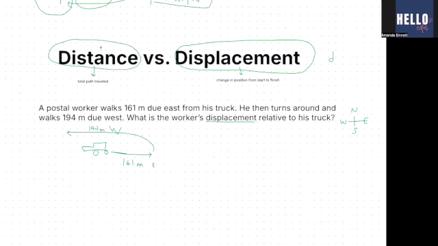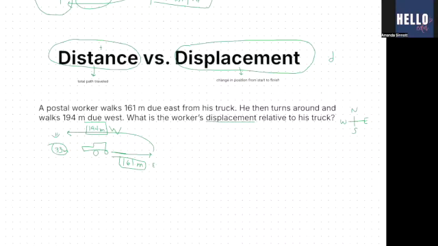Since he walked further west than east, he ended up 33 meters west of the truck. So he's over here. We got the 33. We just subtracted this from this, and that gave us 33. So our little guy, he's right here, 33 meters west of the truck.